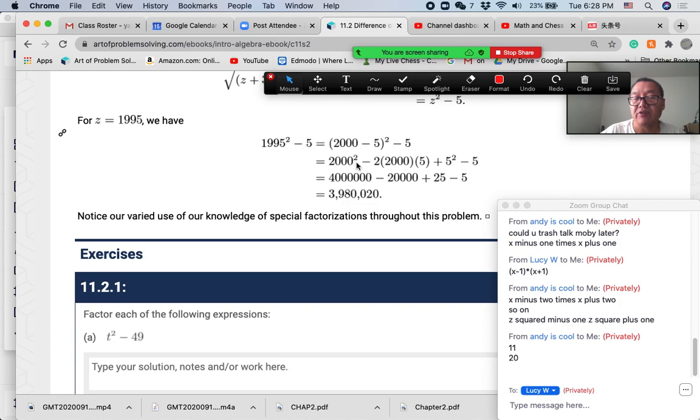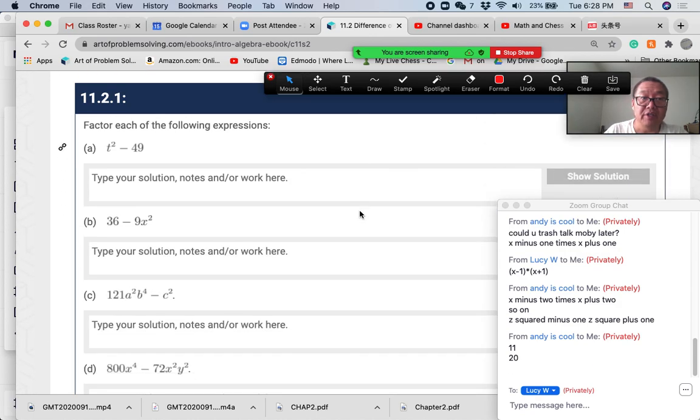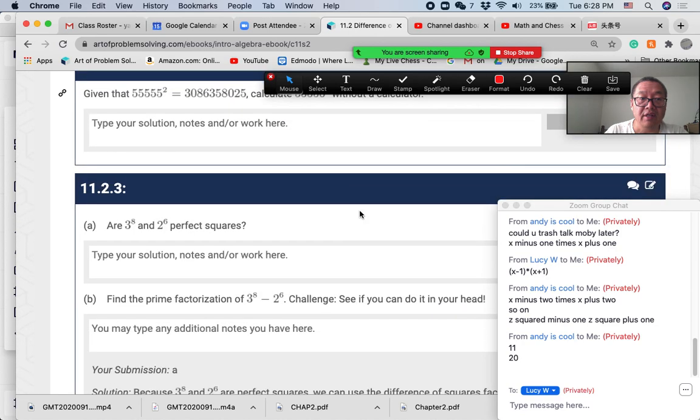This one is 2000 squared minus 2 times 2000 times 5 plus 5 squared minus 5. So this one will give you 4 million minus 20,000 plus 25 minus 5. Later you got this one. So your homework will be 11.2.1.